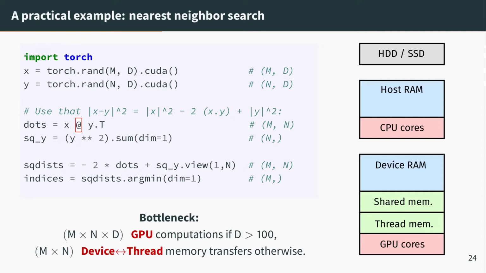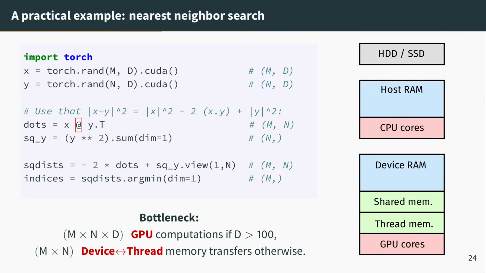So if D is equal to 100, you already win a factor of 100 in terms of memory footprint on your device. And then the idea is that this program is going to compute the summation over the D features on the fly. You do not need to store this result.